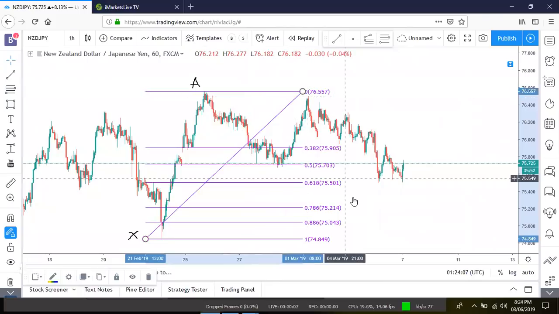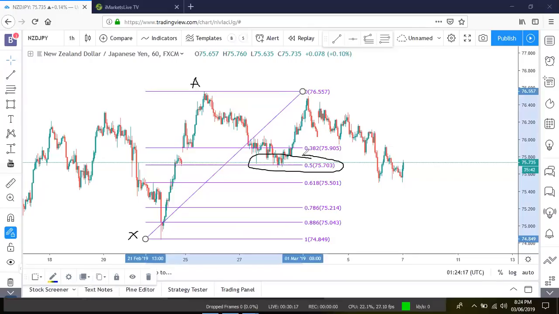And now based off of that retracement level right here, who can tell me what pattern I should be looking for? Bat pattern, exactly. We're looking for the bat pattern.